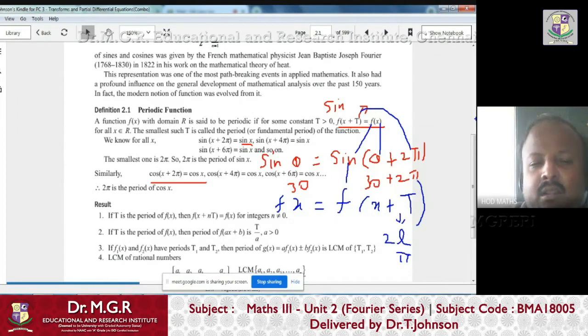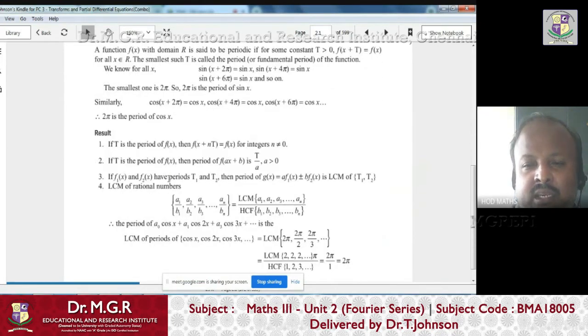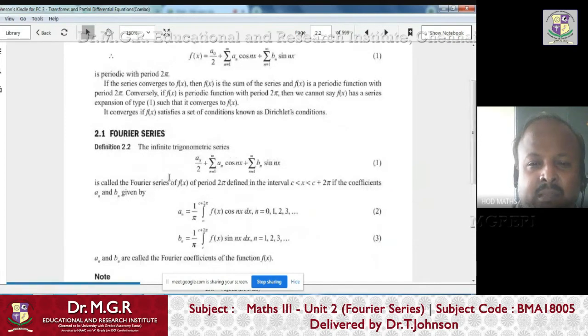Most of the problems we take with l equals pi. So whether we define the function with periodic length 2l or periodic length 2 pi, both are mathematically the same. So don't get confused about why sir explained 2l in the offline class but here sir is putting 2 pi.